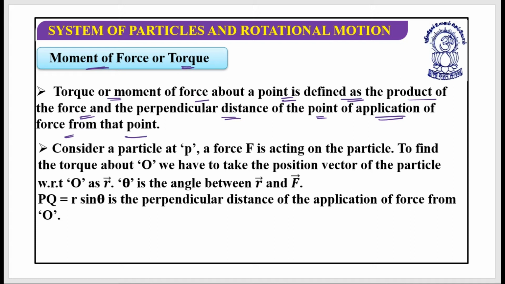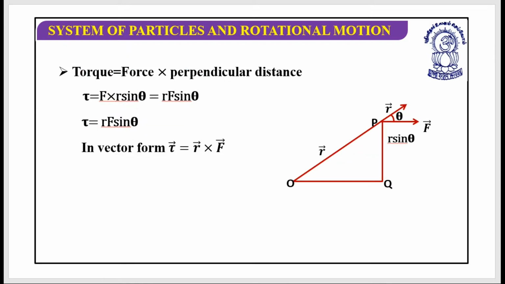Let's consider a particle at P. Torque is equal to force multiplied by perpendicular distance. Suppose this is the point P, and on this point a force F is acting, and this is the angle theta.